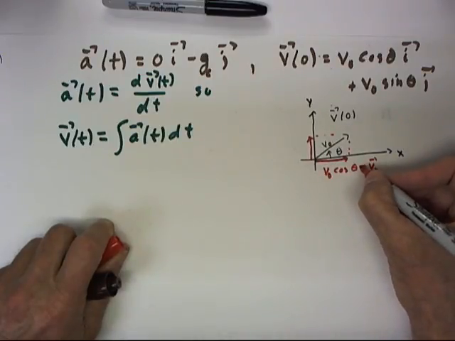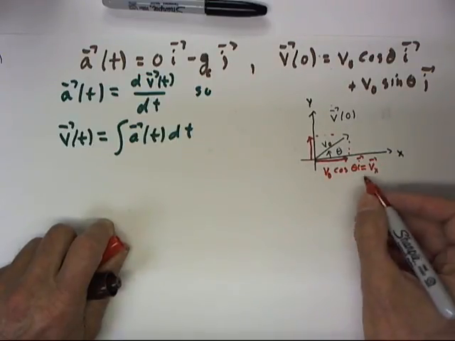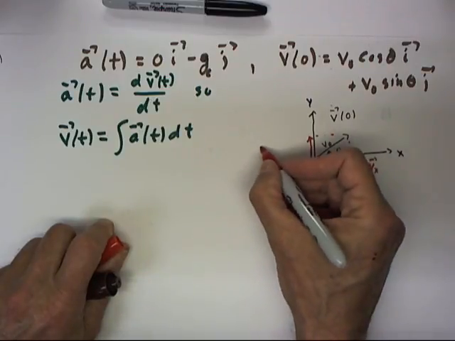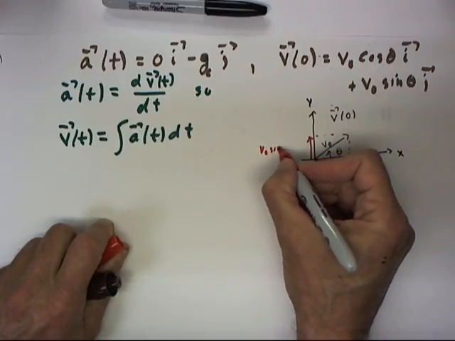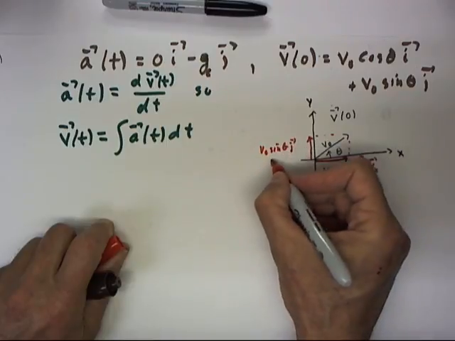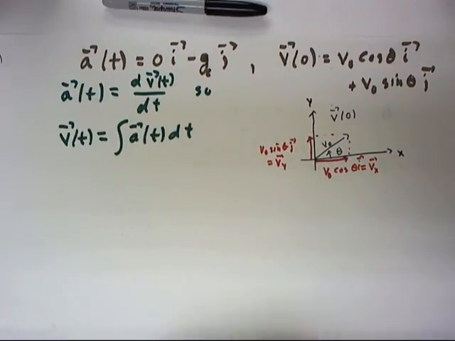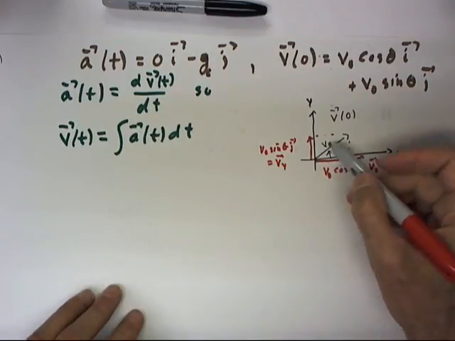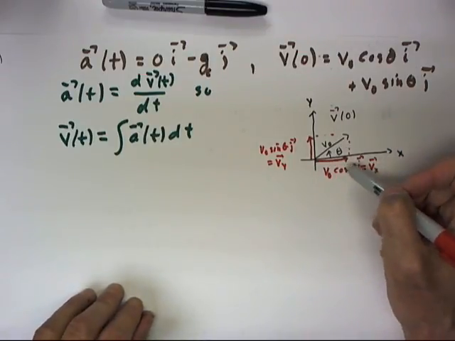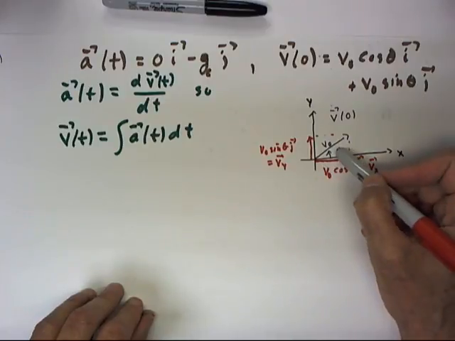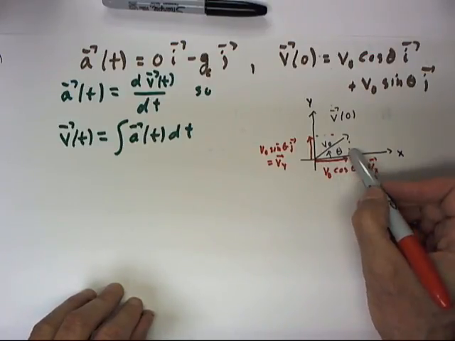v0 cosine theta times i would be the x component of my velocity, and v0 sine theta j would be the y component of my velocity. And the cosine and the sine should be very obvious from conventions and from the position of the angle within this right triangle.